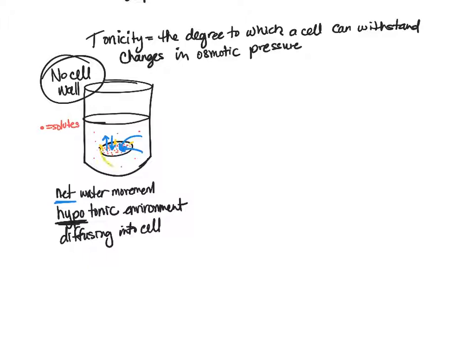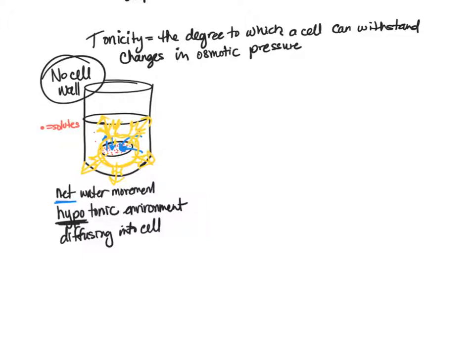It's going to swell up so big that it'll end up bursting, and then it all starts to come out because it can't withstand the pressure of the water that's being pushed into it. So it's going to burst with all of that water moving out, and then the cell will die because it's no longer living, it no longer has an intact plasma membrane, all the pieces of it float out.